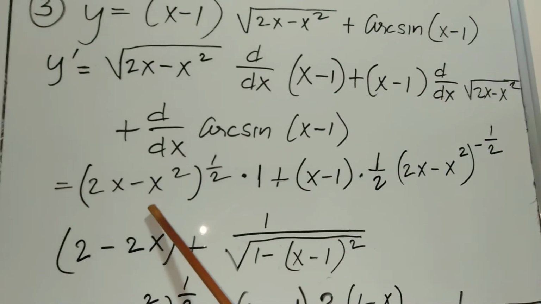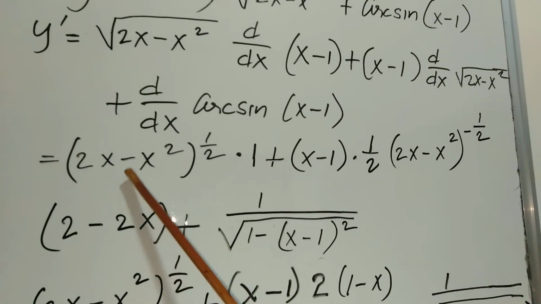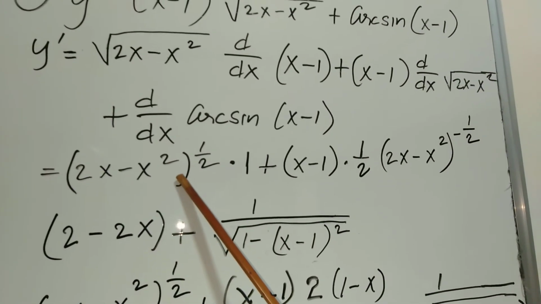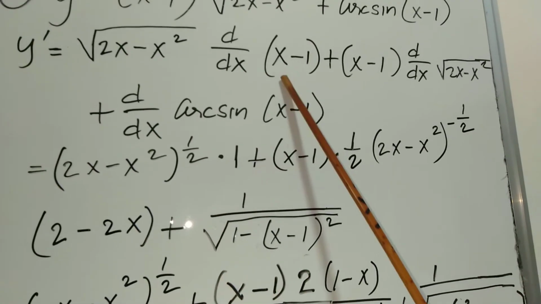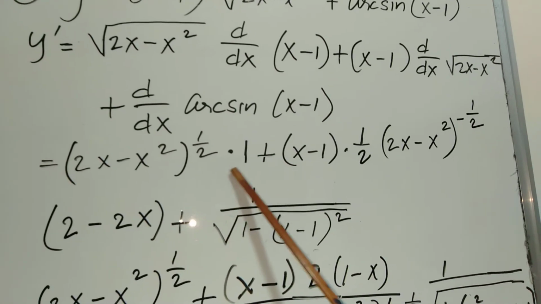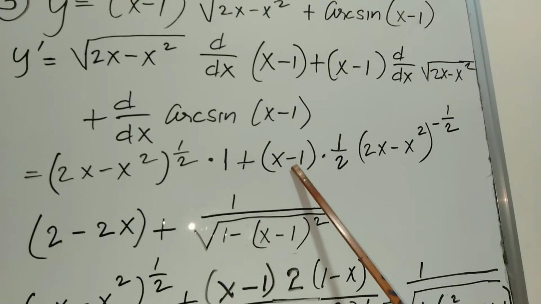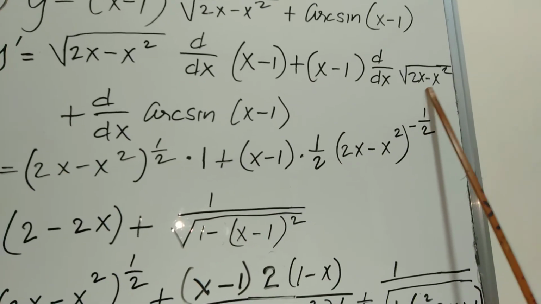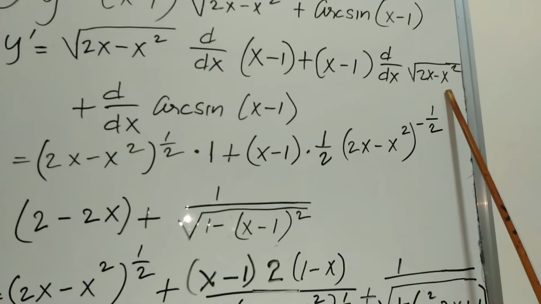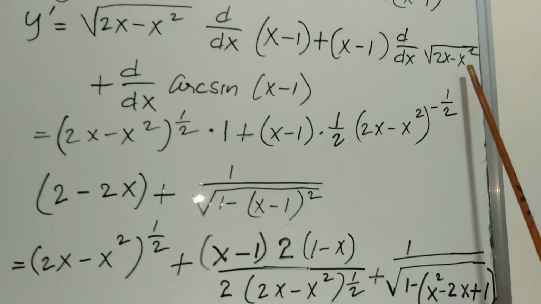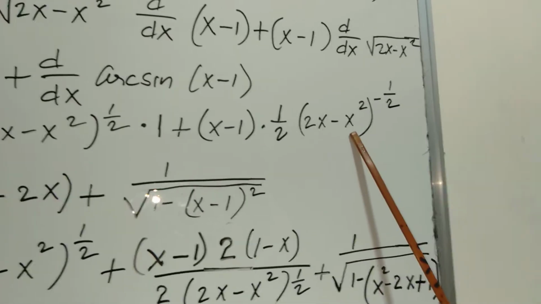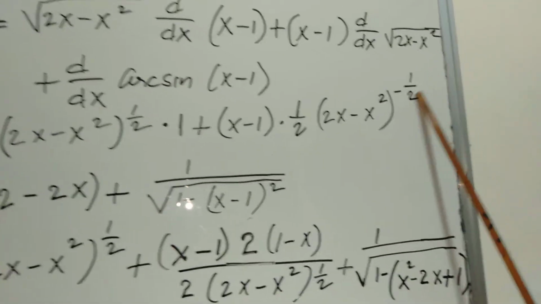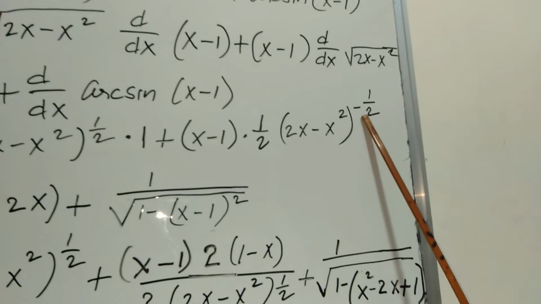Continuing, we have 2x minus x squared raised to 1/2, changing this to exponential form. The derivative of x minus 1 is 1, plus x minus 1 times the derivative of this one. Changing to exponential form and finding the derivative, we get 1/2 times 2x minus x squared, and we subtract 1 from the exponent, which becomes negative 1/2.